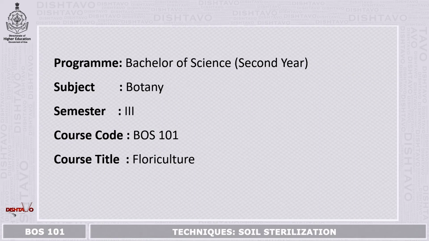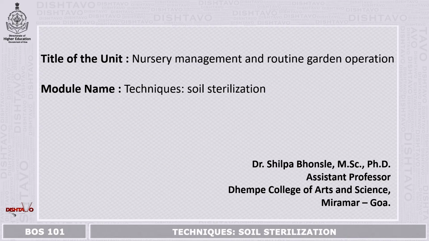Program Bachelor of Science, Second Year, Subject Botany, Semester 3, Course Code BOS 101, Course Title Floriculture. Title of the unit: Nursery Management and Routine Garden Operation. Module name: Techniques of Soil Sterilization.